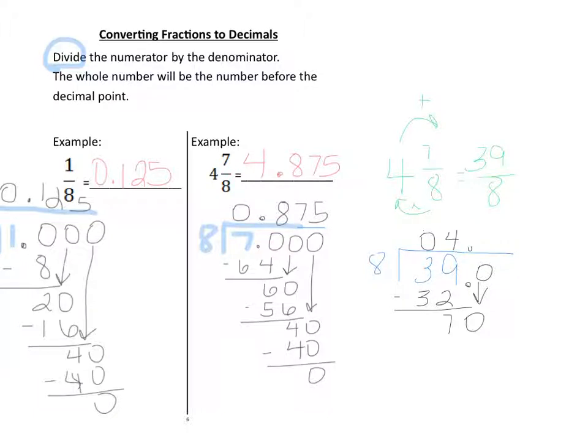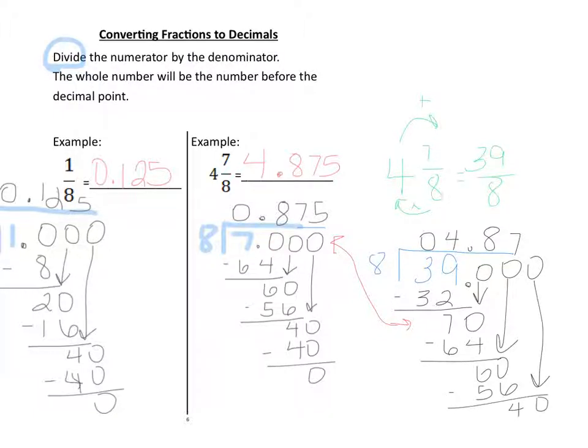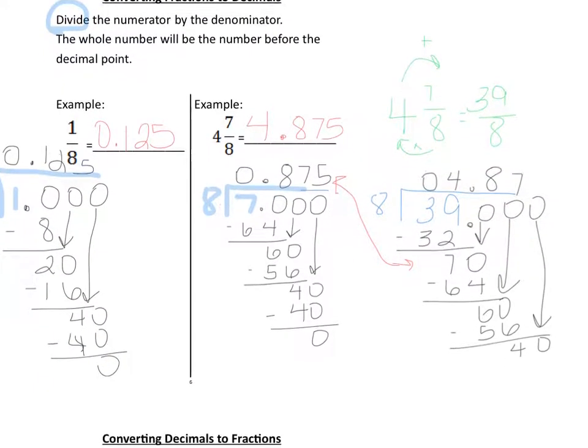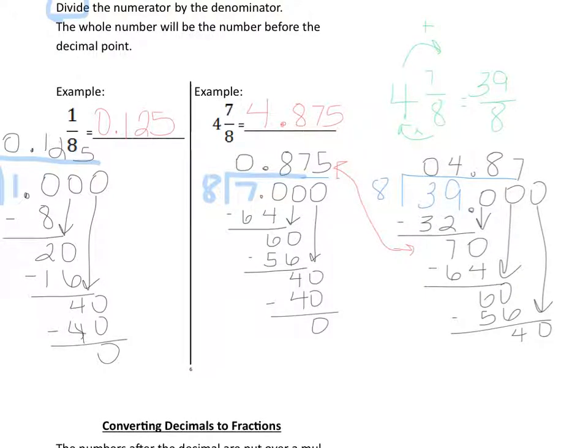8 goes into 70. At this point, take note that down here where we have 8 going into 70 is the same thing we ended up with here with 8 going into 70. So notice that by changing it to an improper fraction, you still end up with the same answer that you did the first time, it's just done a different way.